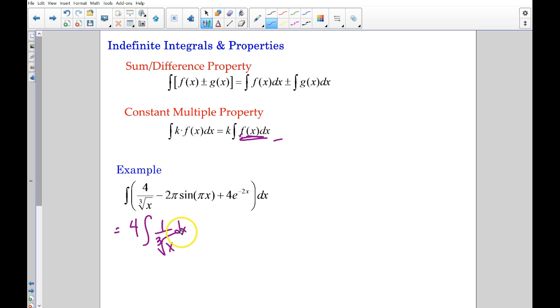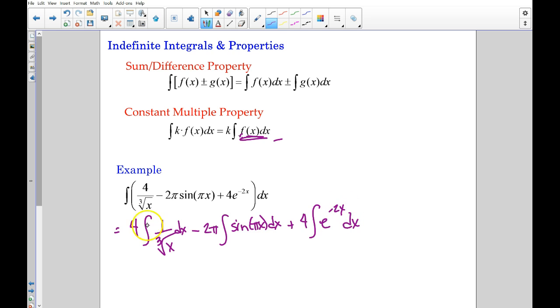Now this notation dx, you do need it every single time you have an integral. If you have an integral, you need a dx. And then minus 2 pi is a constant, so I'm going to pull it outside of the integral. And then sine of pi x inside dx, plus 4 times the integral of e to the minus 2x dx.